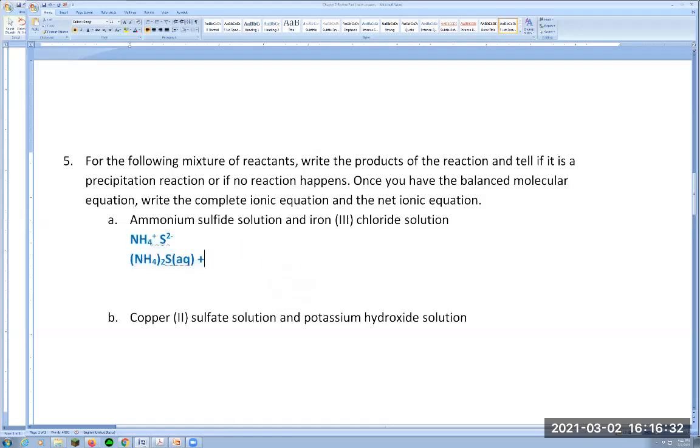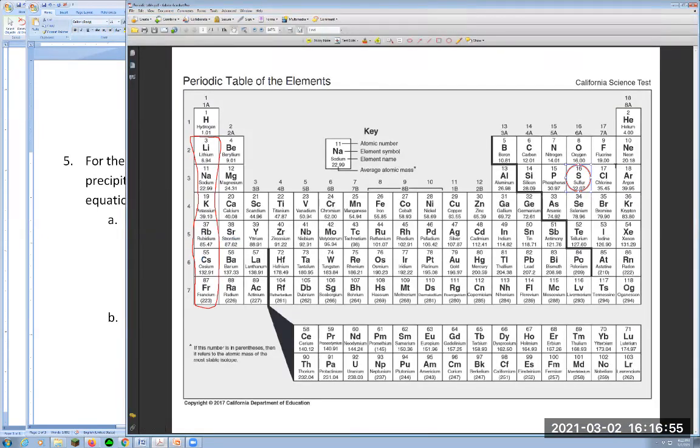Next, we add iron 3 chloride. So for iron 3, let's write its symbol. It's Fe, and the 3 in Roman numeral tells you it's a 3+ ion. So it's Fe3+. Chloride comes from chlorine. Chlorine is in group 7A, so it makes a -1 ion.